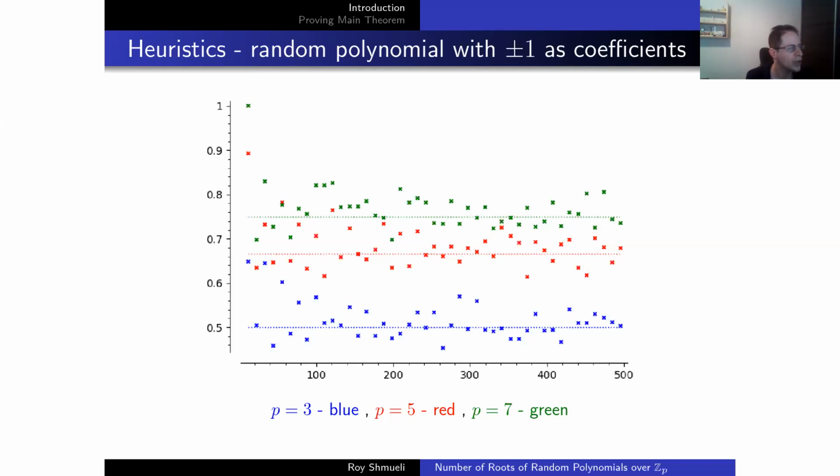No, it doesn't have to be less than 1. But there is an explanation for why it's less than 1, because if you compare it to the Haar measure, 0 cannot be a root.